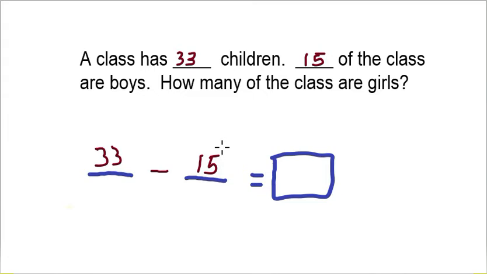Then I'm going to add the 3 to the 15, which will give me 18, which will actually give me my answer. So we now know that a class has 33 children. 15 of the class are boys, and we now know 18 are girls, and that's the answer to this problem.